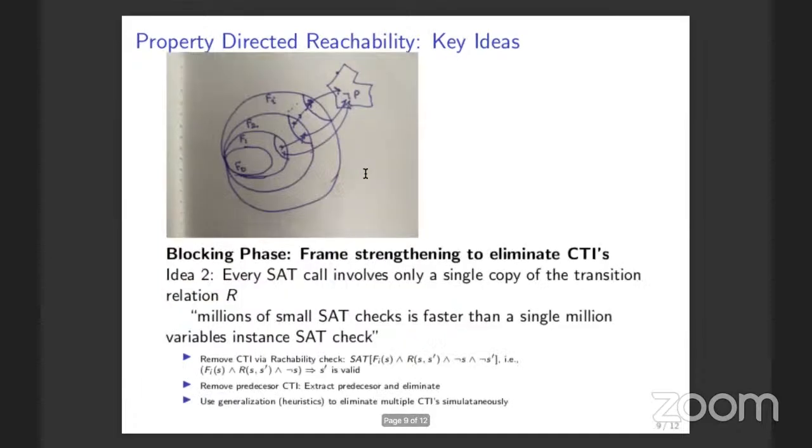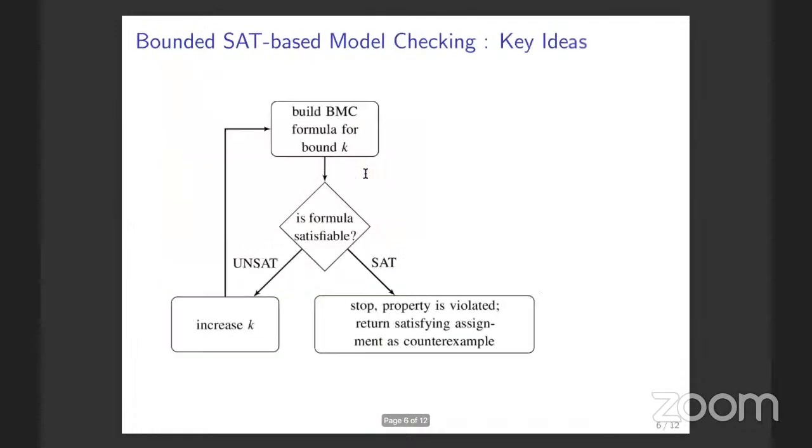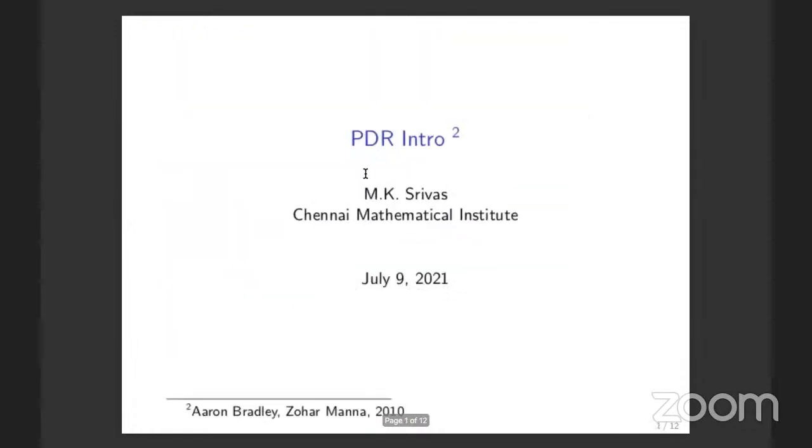By the way, I didn't show you the first one. This one was when it was first introduced. This was by one guy called Aaron Bradley, who was a student of a famous verification person named Zohar Manna.